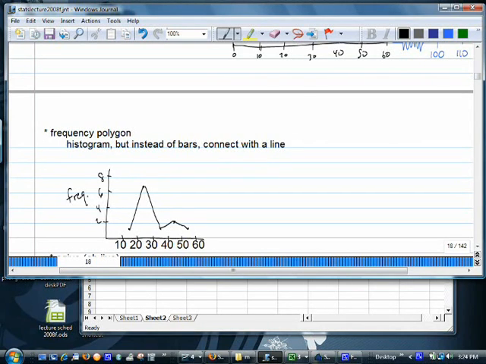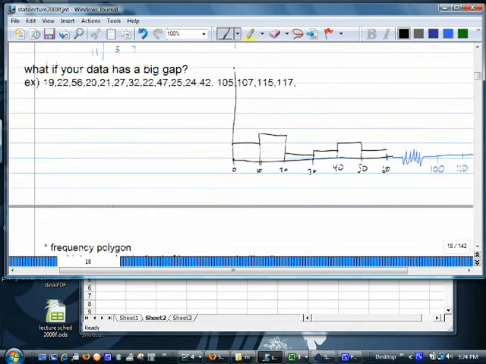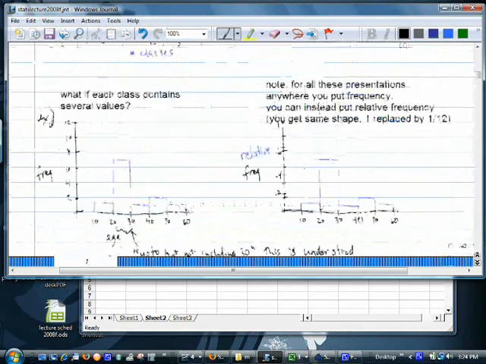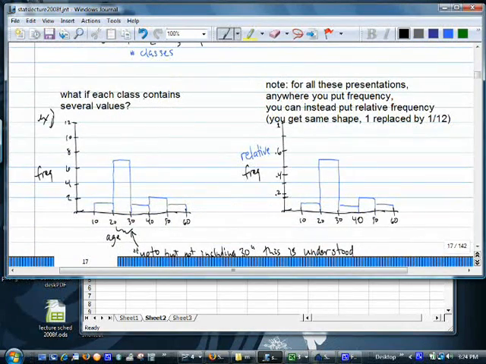I think by convention you put the dot in the middle. I'm not going to be picky. Just put the dot in about the right place. So that's a frequency polygon. That's where that comes from. I think it's pretty straightforward.